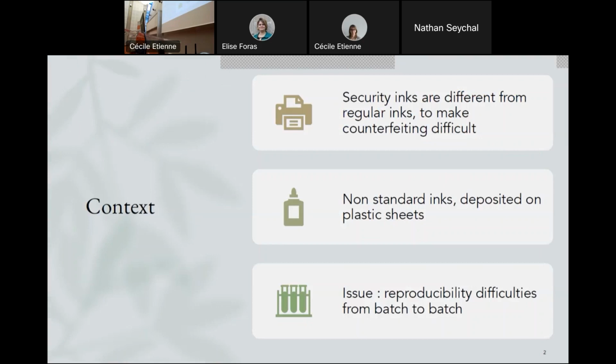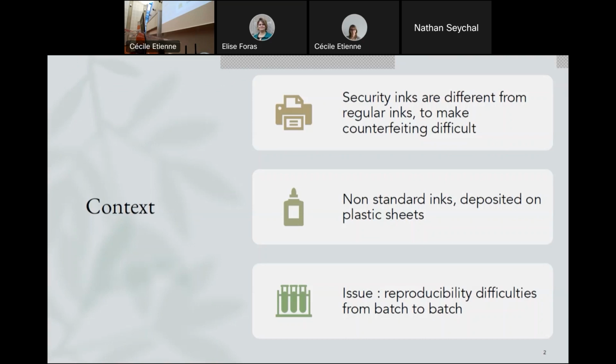There are many different types of inks, and of course, security inks used, for example, in your identity papers and money, are different from regular printing inks, such as offset inks, in order to make counterfeiting more difficult.